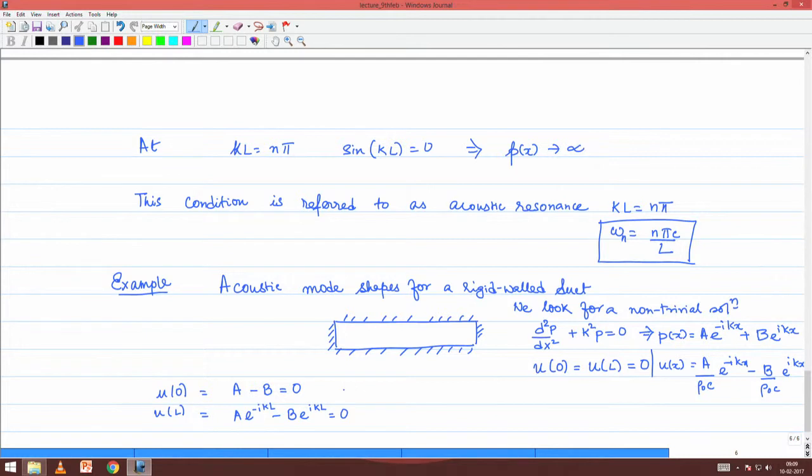So, from the first equation we get A equals to B, and from the second equation we get B times (e to the power minus i k L minus e to the power i k L) equals 0, and this implies B into 2 i sin k L with a negative sign equals 0, but since the right hand side is anyway 0, it does not matter, right, that minus sign does not matter. So, finally, we would have, even the i can be taken out.